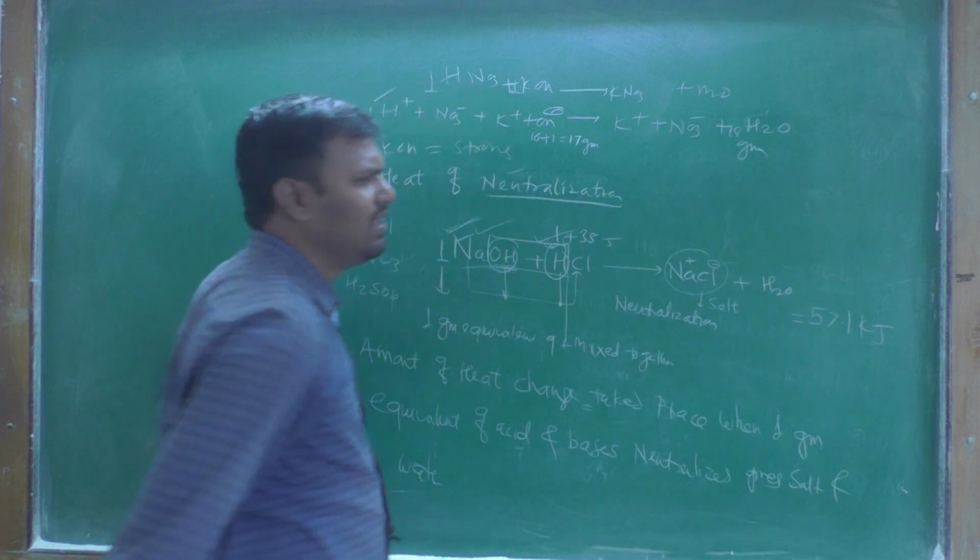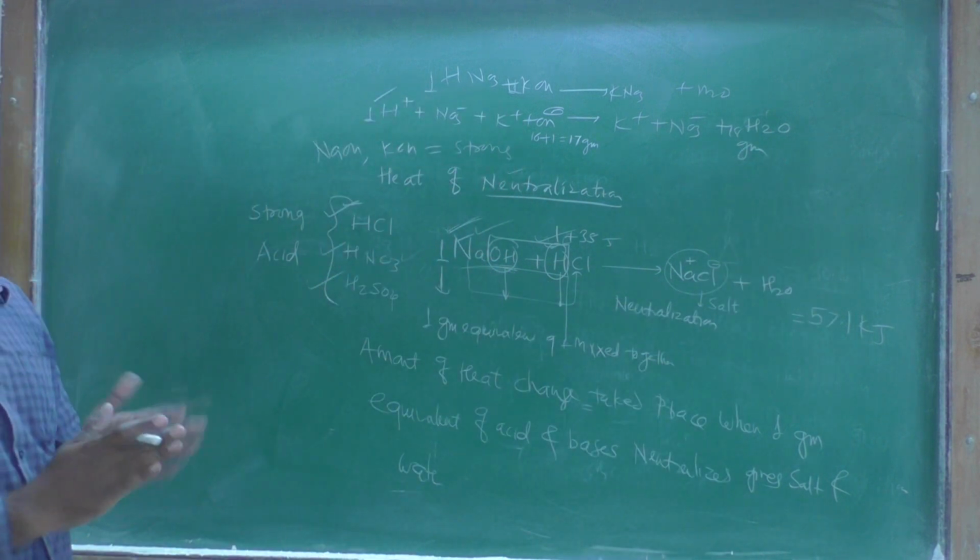Always you obtain 18 gram H2O, 1 equivalent weight of H2O.